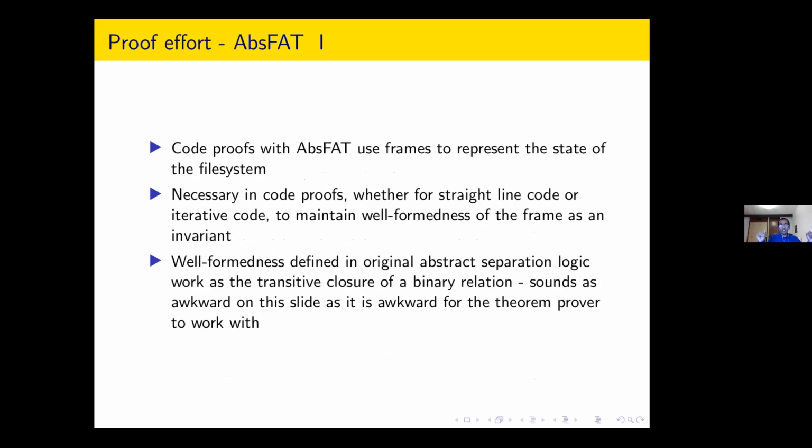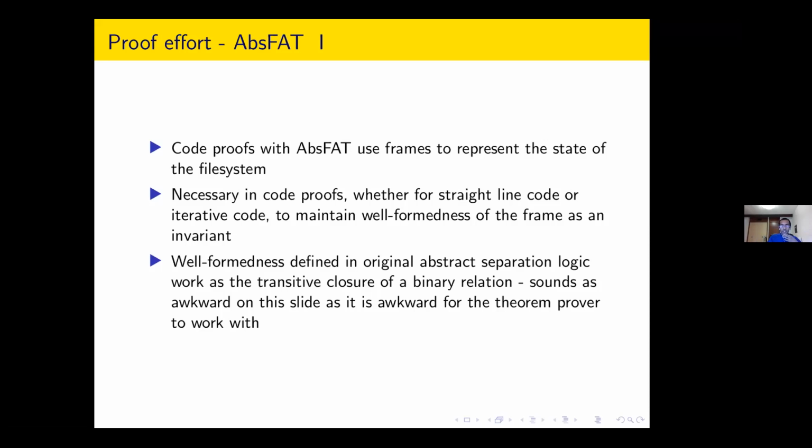So, what does it really take to prove that AbsFAT is correct? Well, because it's at some levels of abstraction from the real file system, we need to think about what it means for it to be well formed. What it means in terms of being well formed is that intuitively, whenever you have a frame in abstract separation logic, you should be able to collapse it.